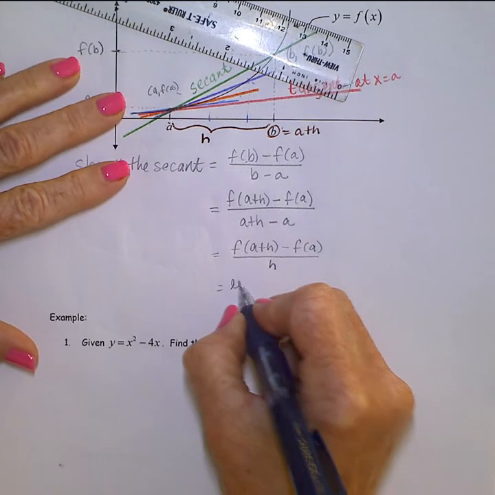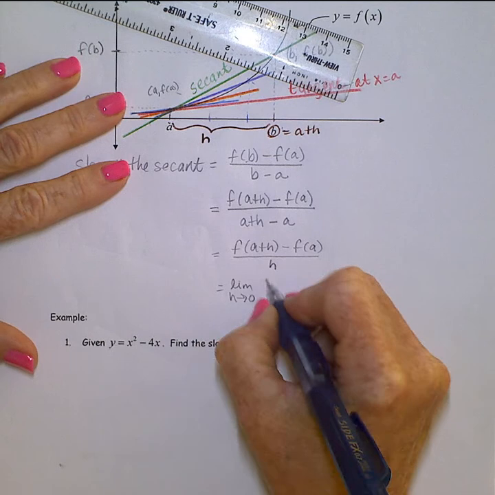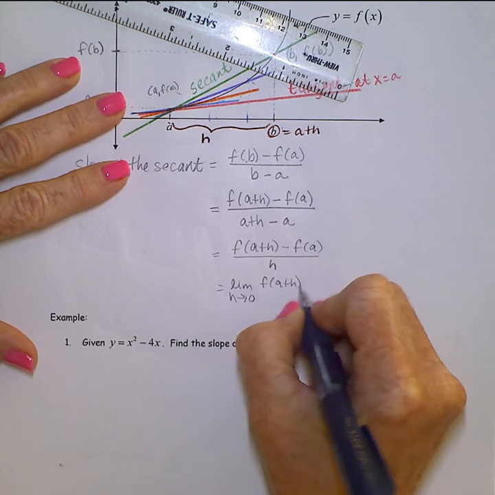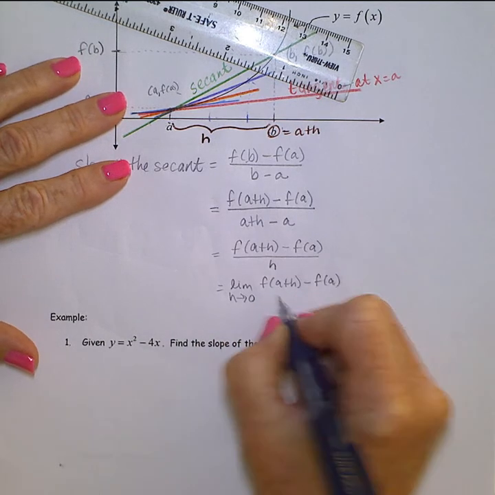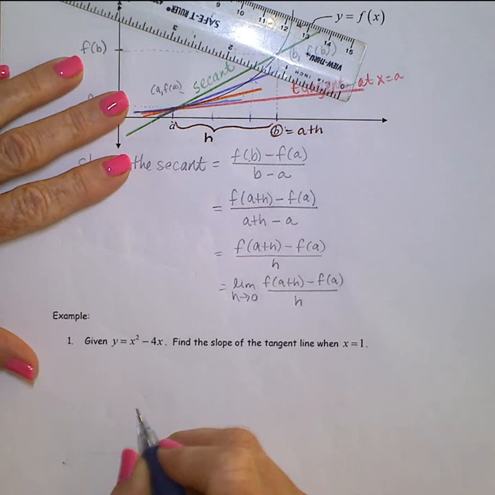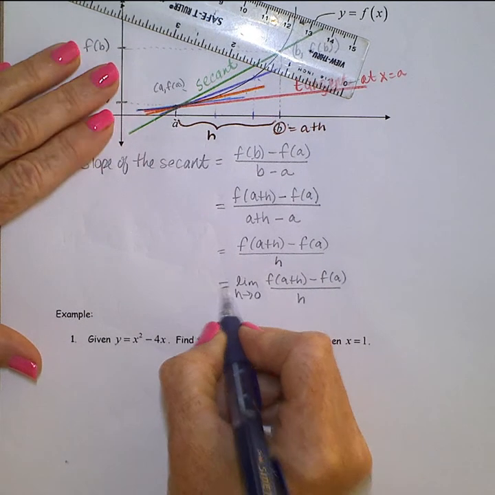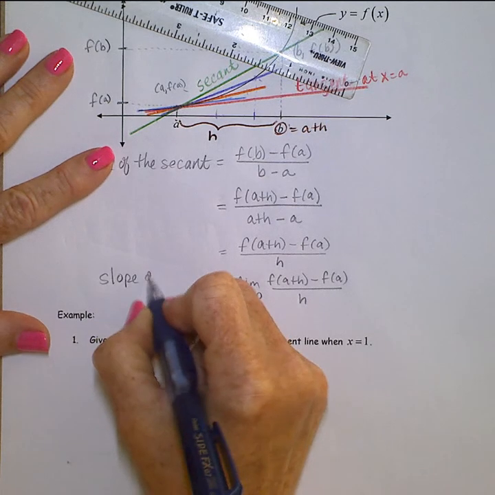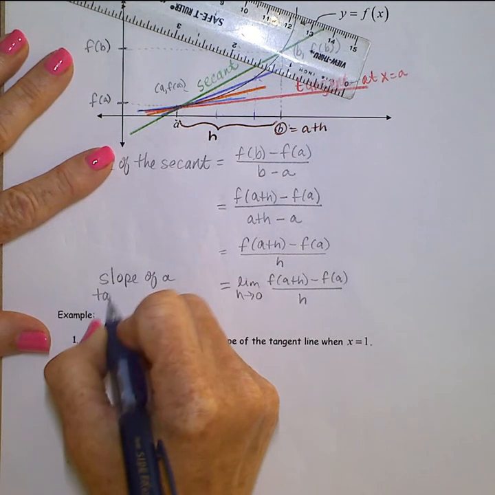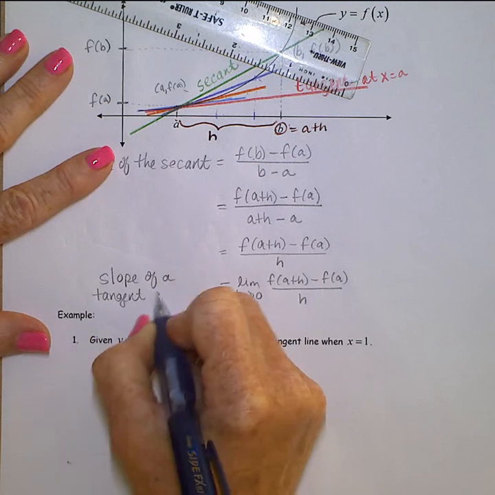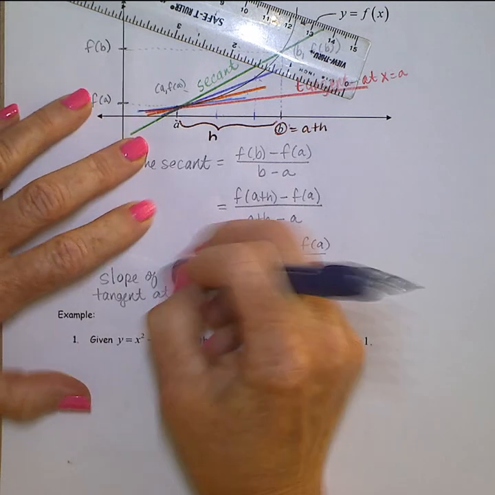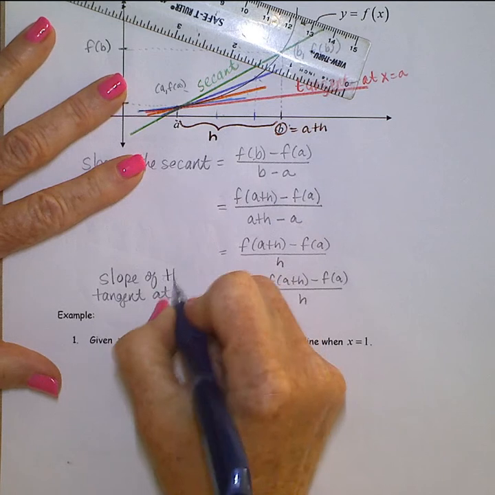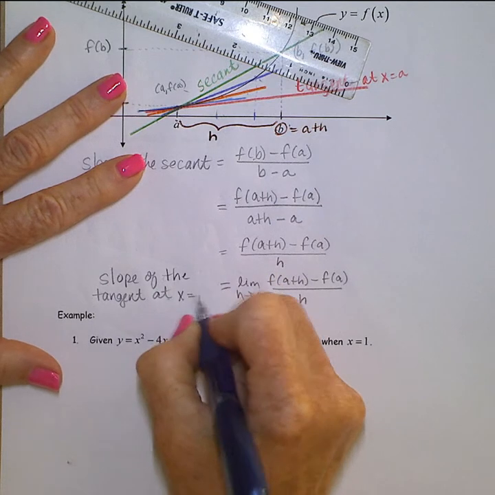When we let h approach 0 of f of a plus h minus f of a all over h, that is the slope of the tangent line. I should say slope of the tangent line at x equals a.